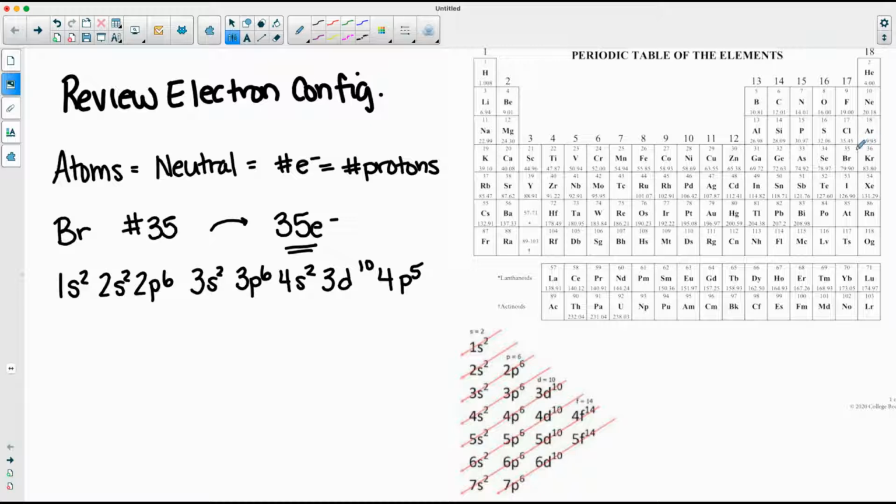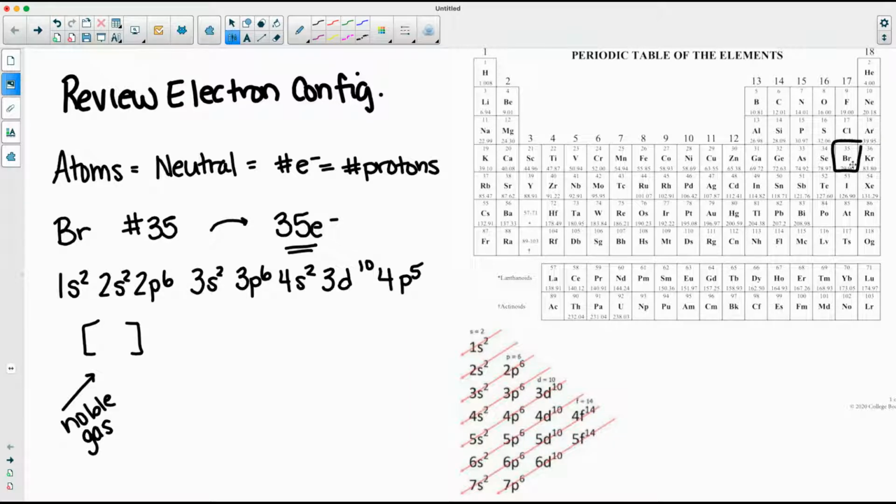So we are going to do what is called the noble gas configuration. The noble gas configuration puts the symbol of a noble gas in brackets, which represents all of that noble gas's electrons. Then all we have to do is add the electrons after that.